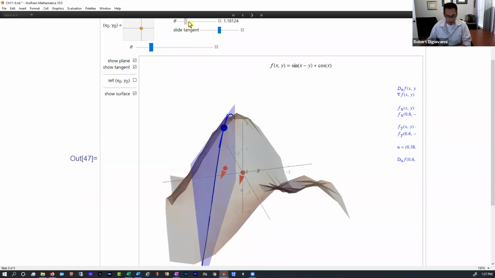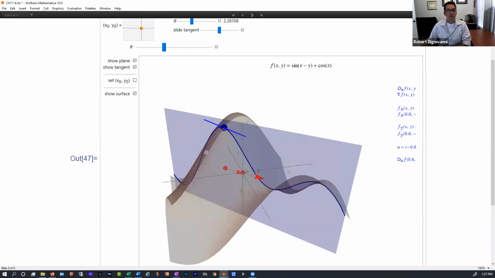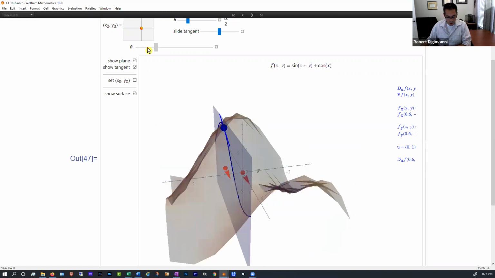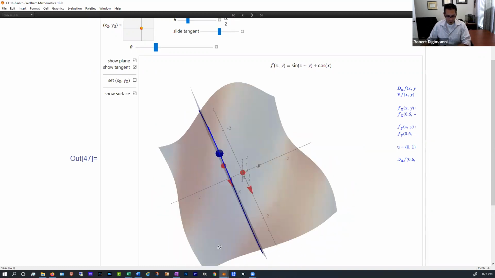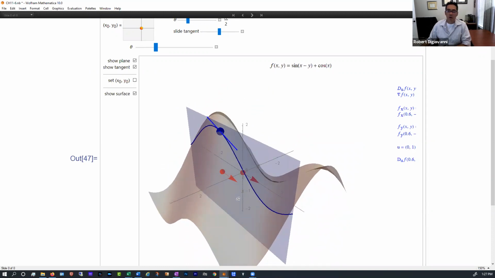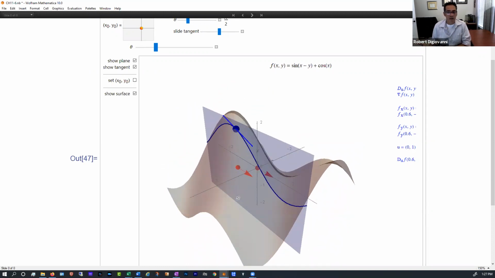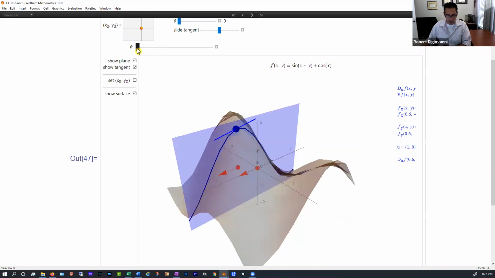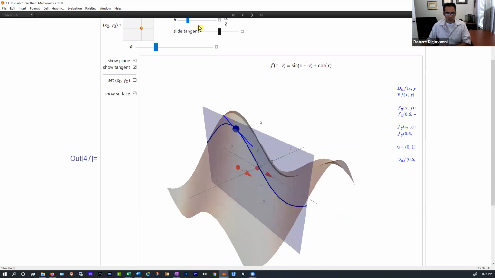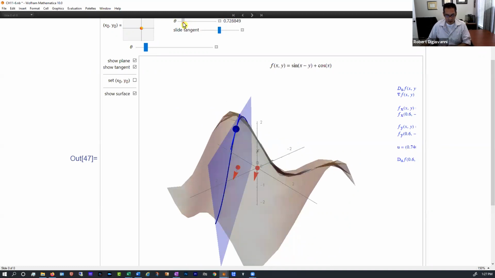And I can point pretty much in any direction I want. In fact, if I point myself here, like that, parallel to the y-axis, that's the partial with respect to y, because it's like holding x constant. Anywhere between here, where this is pointed down the x-axis and this is pointed down the y-axis, is going to be some combination of the two.